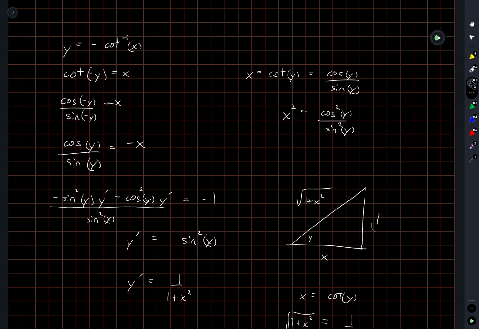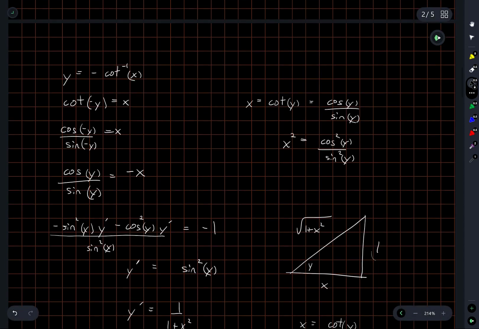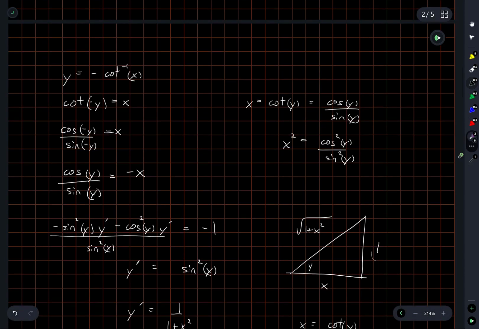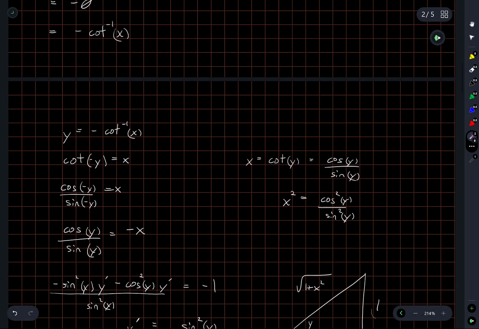Do I have a negative sign missing? Because cotangent is cos over sine, which is an odd function. But then that means the derivative should be an even function, right? There might be some funky business going on with signs here, plus or minus. But I've basically just re-derived the appropriate trigonometric substitution for this integral.